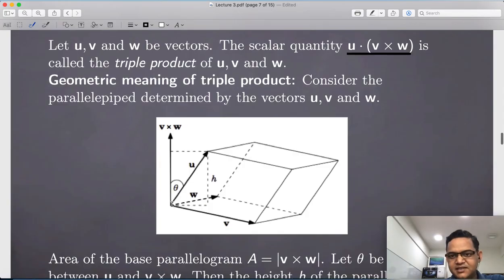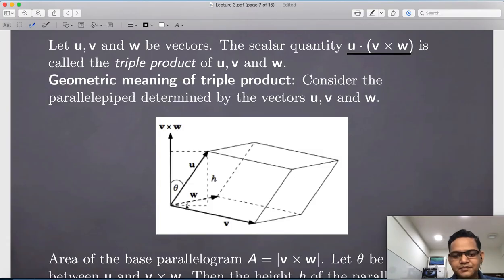So you take three vectors. Let us call this vector u, then this vector v, and the vector down here, the bottom part, is the w vector. So v and w form this parallelogram, the base one, and u is in the upward direction.